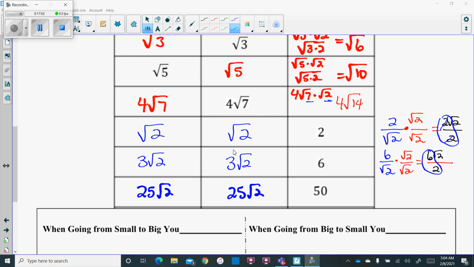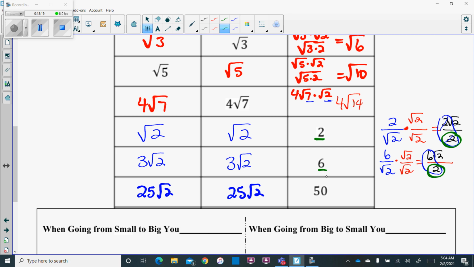So the way I see a shortcut pattern here is that if the number is an even number, because I'm rationalizing, I'm eventually going to multiply by the square root of 2, and I'm going to get a 2 in the denominator.